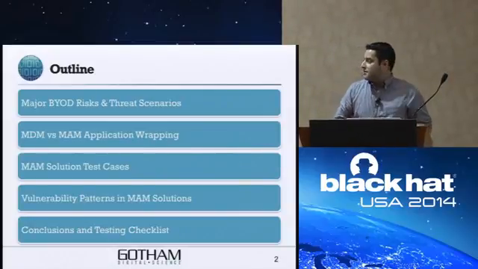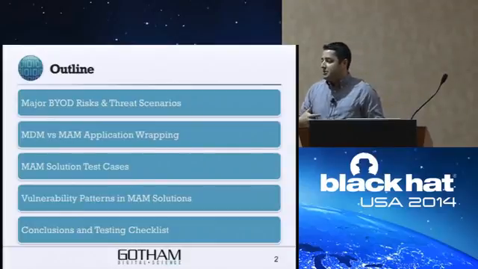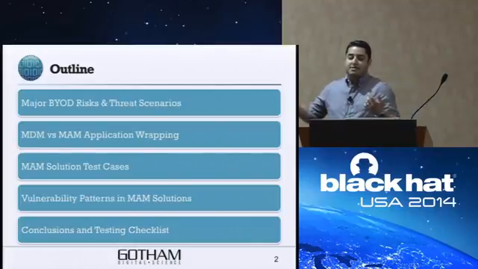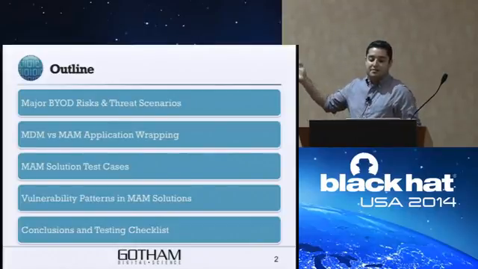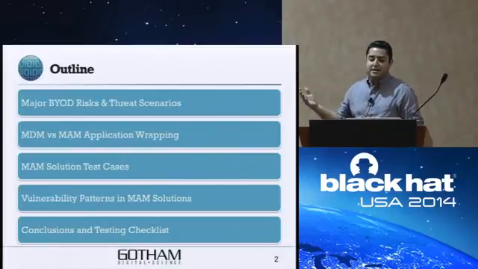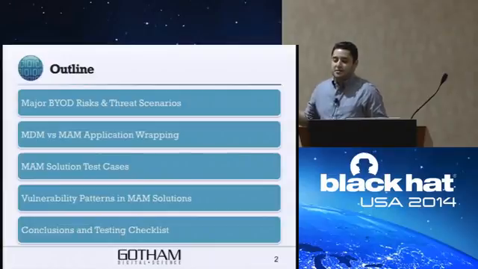Then we do a quick comparison of the two typical approaches to BYOD: MDM, mobile device management, and MAM, mobile application management. We'll compare and contrast why MAM exists and what some of the use cases for it are.